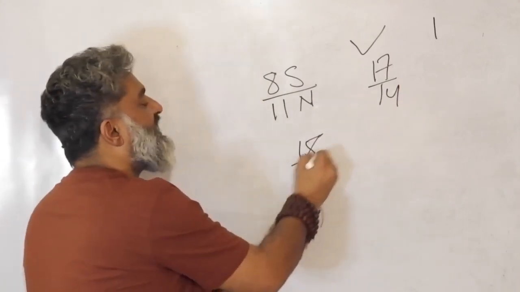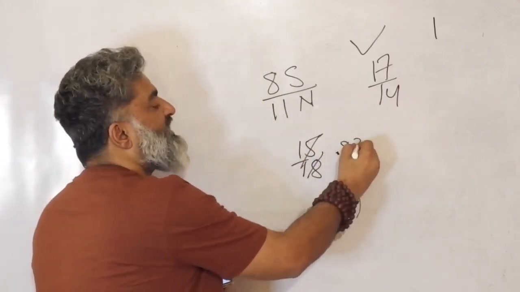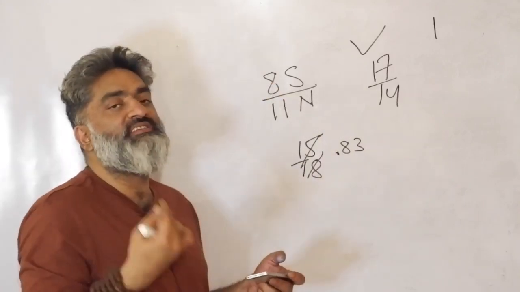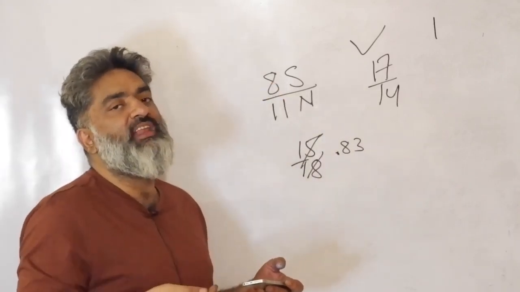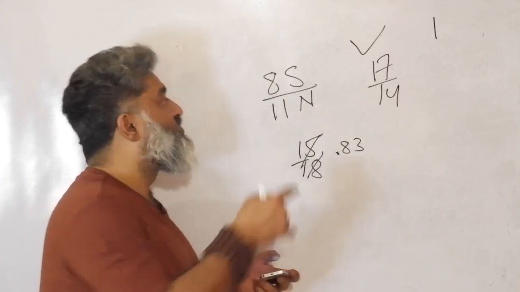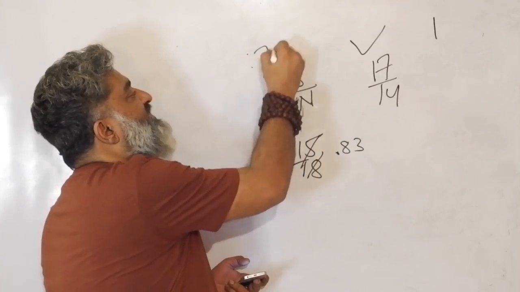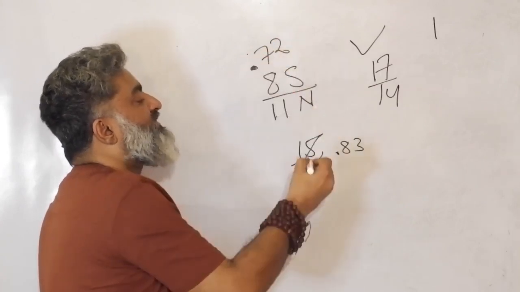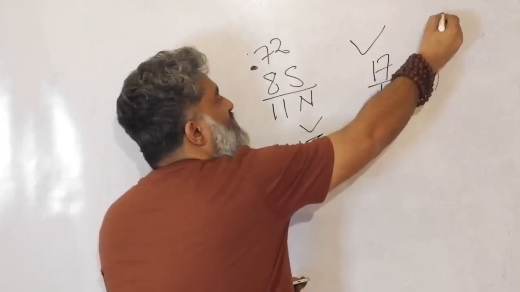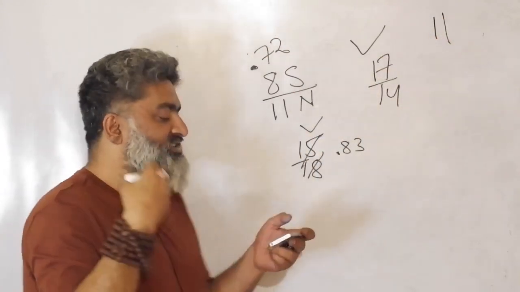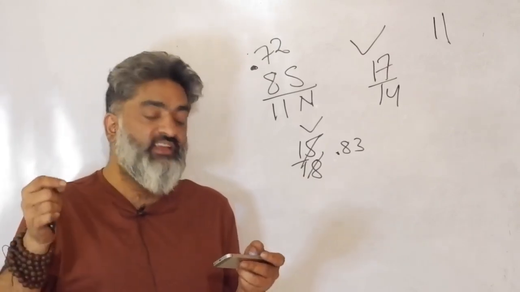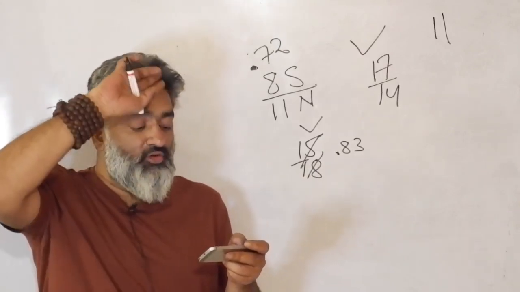Now 15 by 18 is 5 by 6 or 0.83 or 83%, and 8 by 11, 1 by 11 is 9.09. 8 by 11 is going to be 8 into 9.09 or 72.72. So this is 0.72 if you want the actual number reference, and this is 0.83. So this is also going to be higher. So you have one more company which is higher in average price and is also selling more than Acer, because it's 18% of the volume market.